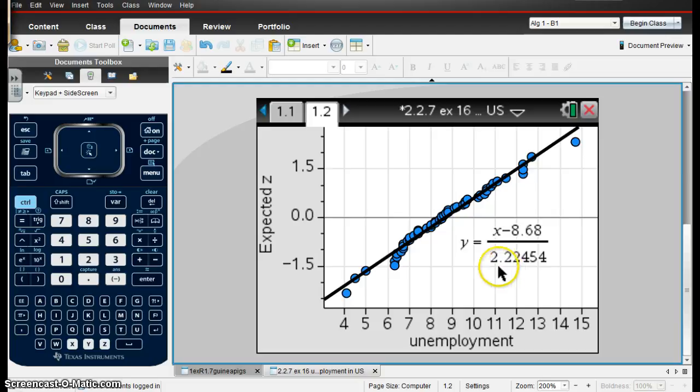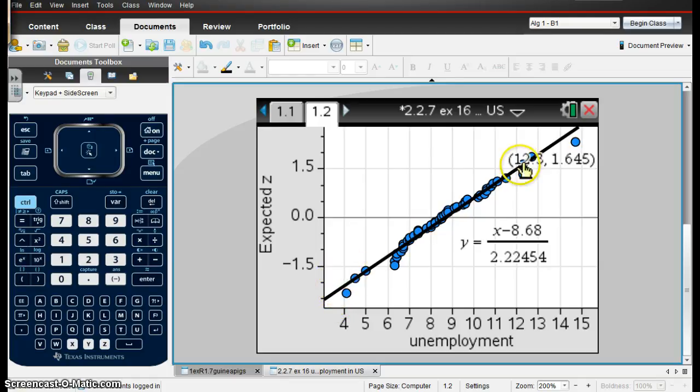This gives you your unemployment rate on the x-axis and the expected z-value, calculated from the five-number summary, on the y-axis. They've also calculated a little regression equation: y is equal to x minus the mean over sigma. That's the equation coming off of the mean and standard deviation side, and these are the data values coming off of the percentiles, or the median and IQR side.